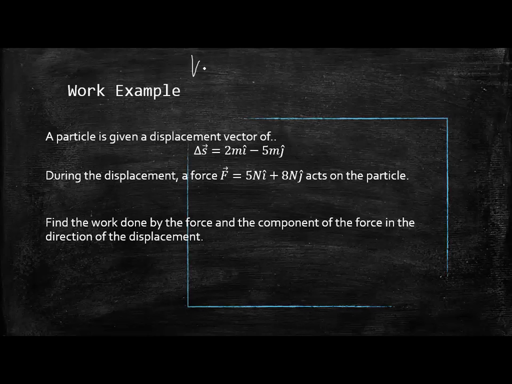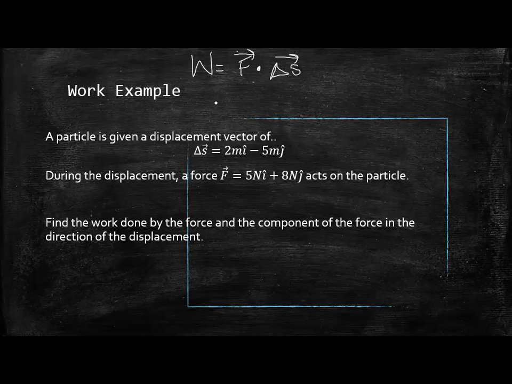Alright, so work is equal to the dot product between the force vector and the displacement vector, right? Because work is a scalar quantity, so if I find the dot product between these two vectors, it'll give me my work.